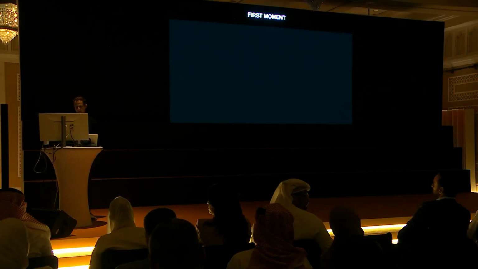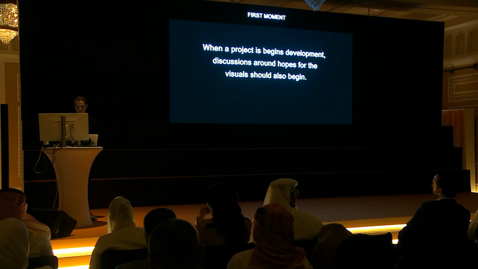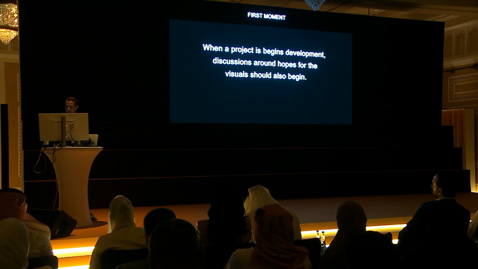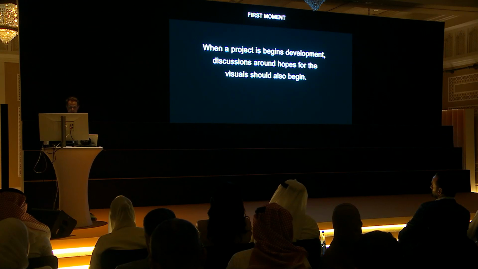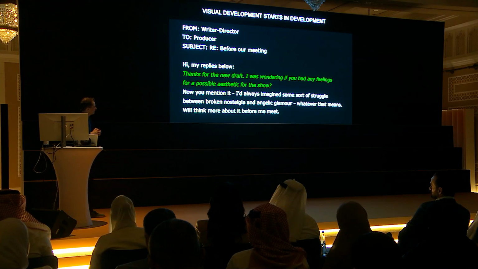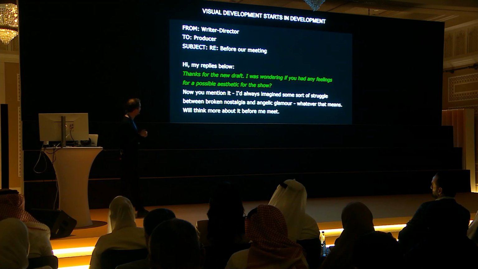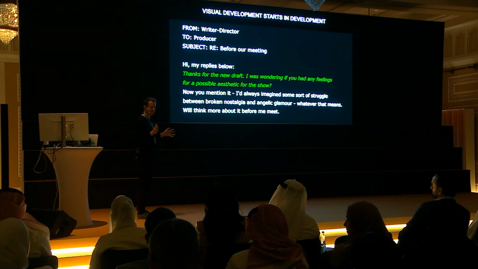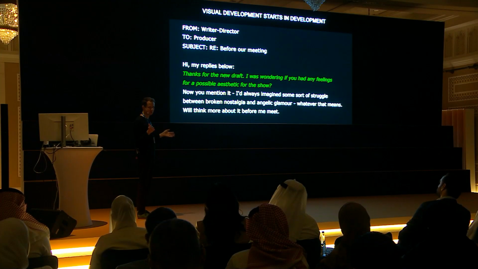So the first moment comes if you think about Queen's Gambit and the log line for Queen's Gambit. So when a project is beginning development, I have to correct this one, discussions around the visuals should also begin. Here we've got, it's not real of course, a reply from a writer-director to a producer, and the producer has asked the director, it's an amazing producer, asked the director and the writer, do you have any ideas what it should look like?